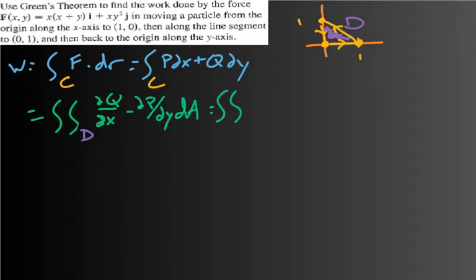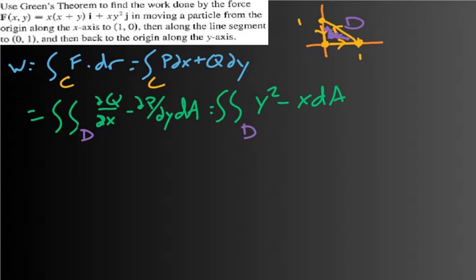So if we plug all that in, so this is my Q, with respect to x is y squared. So we got a y squared, and then the partial of P, so again, P over here, with respect to y would just be x. And then we got dA.